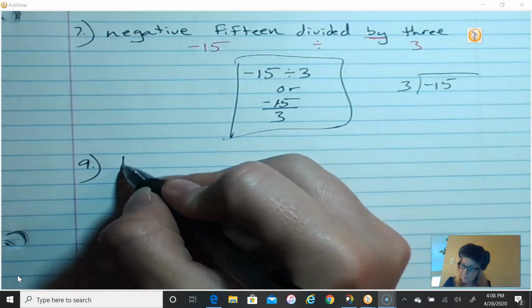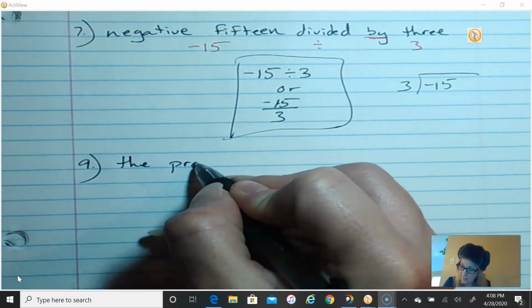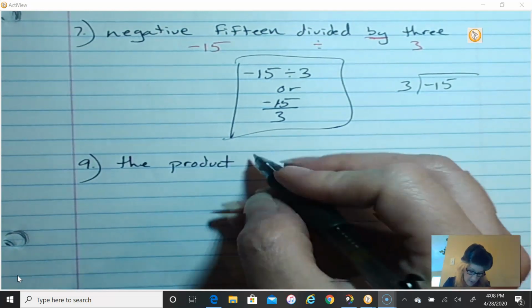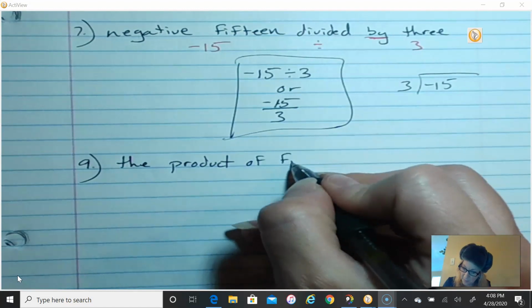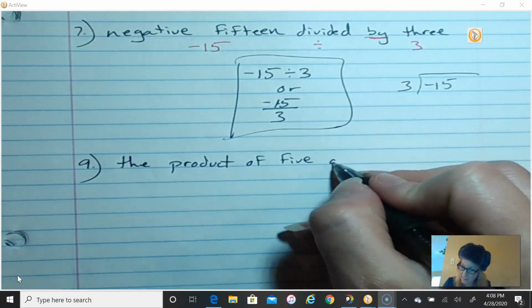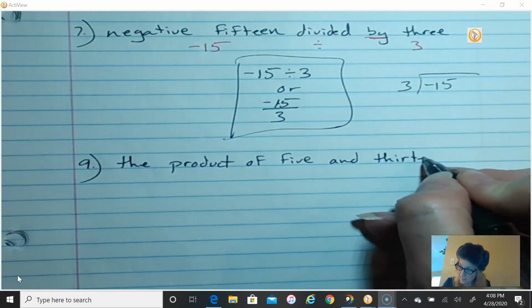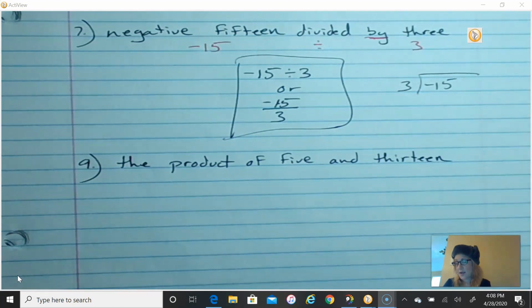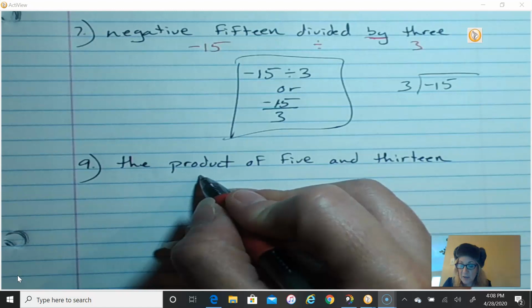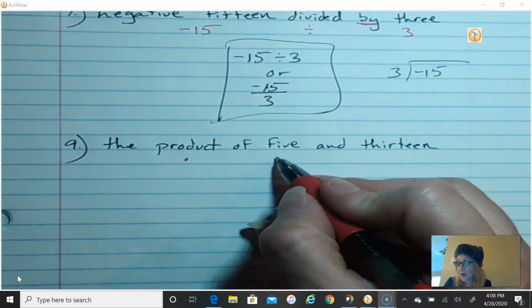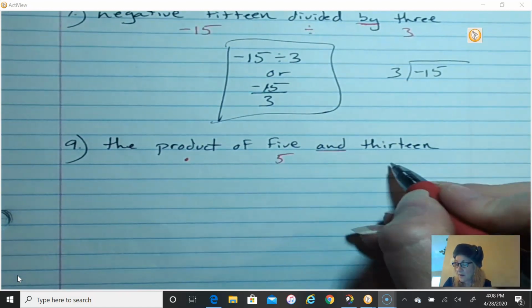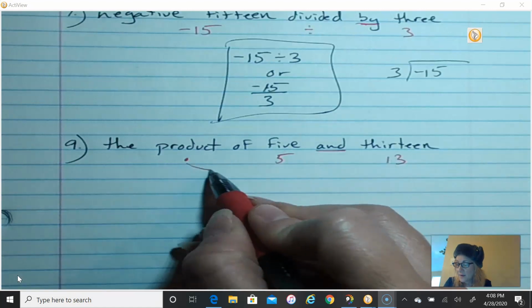Okay, the product of 5 and 13. Okay, product, that's multiplication, dot, 5 and 13.